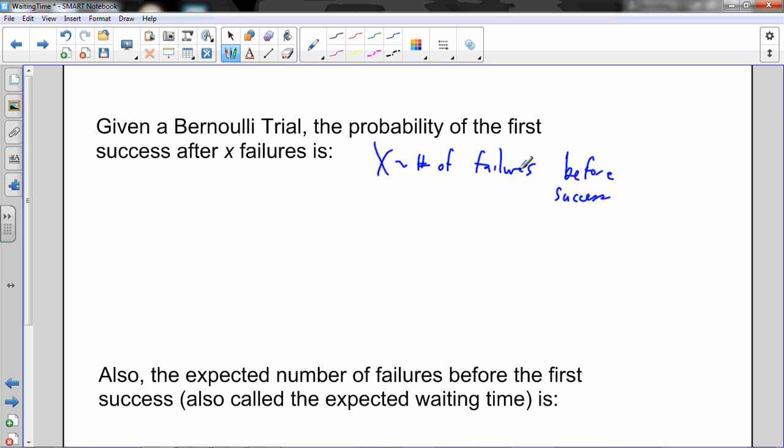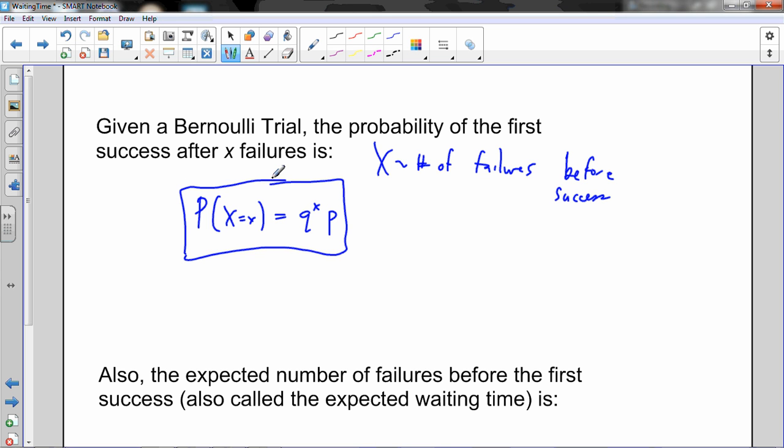It's a different distribution. The probability of little x failures before our first success would just be failure, failure, failure, and so on, x failures before our first success, is just that little formula right there, and that's it. This is what's called the waiting time distribution.